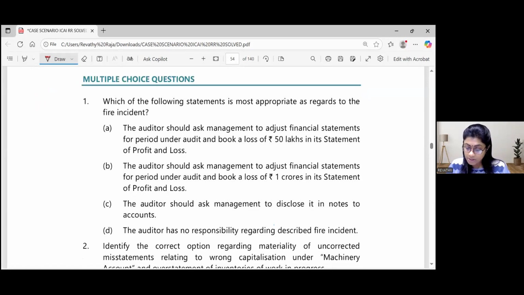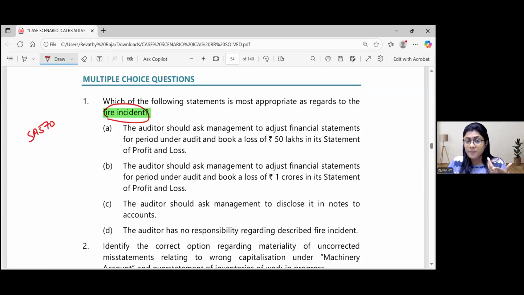Which of the following is most appropriate regarding the fire incident? Without even going to the case study, I'm asking, when you think about fire in auditing, which all SAs will come to your mind? Two SAs should come to your mind. One SA 570, it is a catastrophe, which indicator?